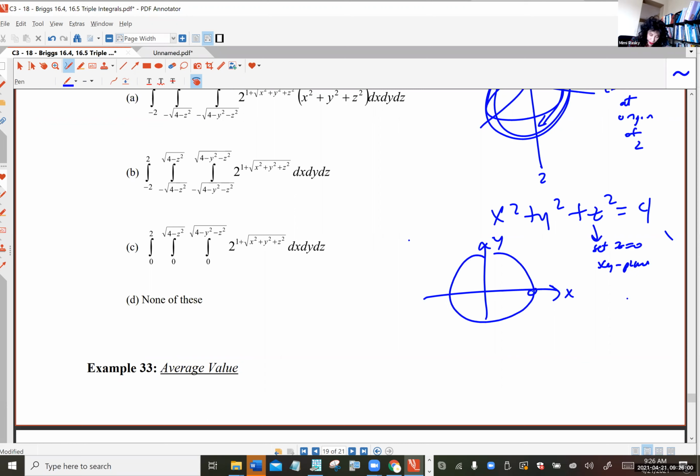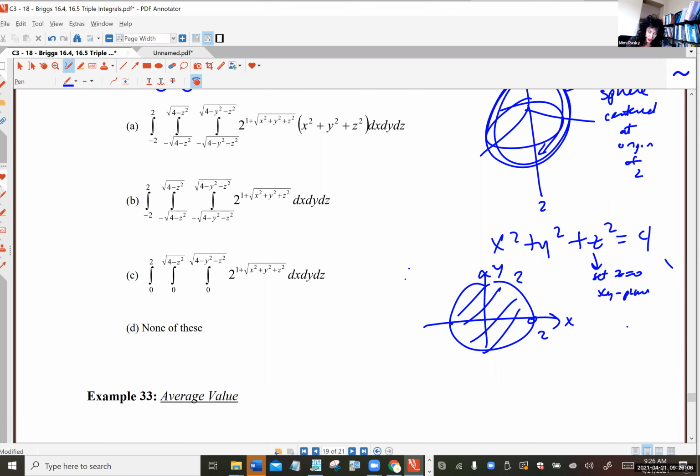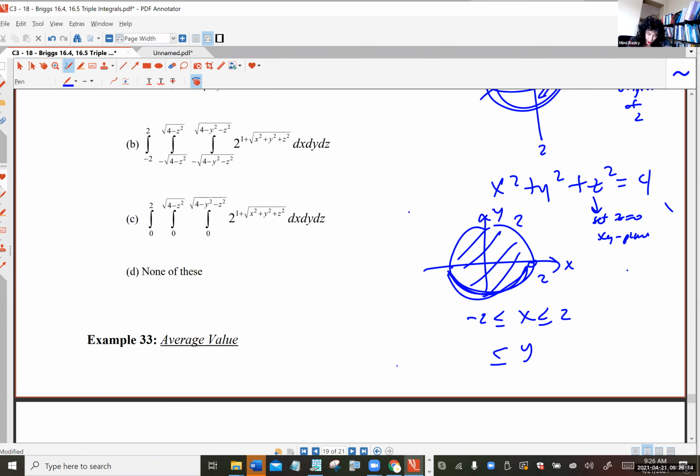So x goes from -2 to 2, and y does the bottom half of the circle, the lower semicircle, negative square root of 4 minus x squared, and the upper limit for y would be the positive square root of 4 minus x squared.